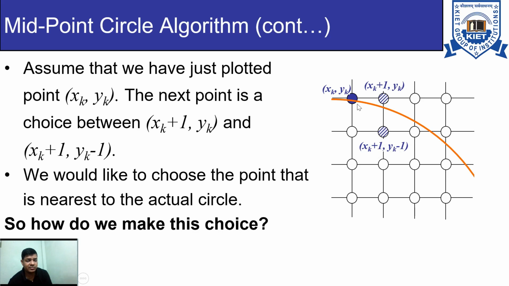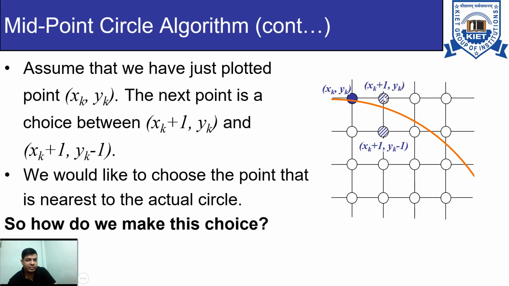So you can see that the values of x are increasing while the values of y are decreasing. Assume that we have just plotted the point xk comma yk. The next point is a choice between xk plus 1 comma yk and xk plus 1 comma yk minus 1.